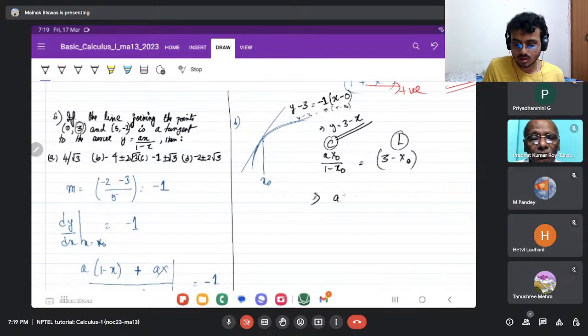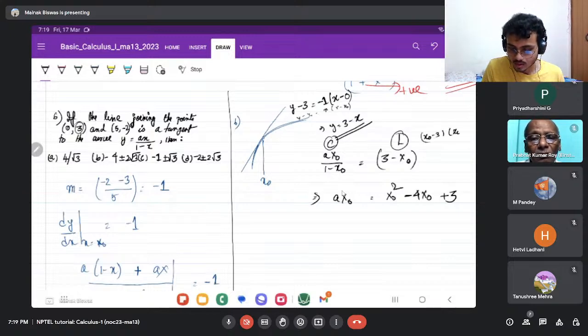So if you have a doubt at this point, you ask. It gives x naught square minus 4x naught plus 3. Yeah, it's correct. So your equation is x naught square minus 4 plus a x naught plus 3 is equal to 0.